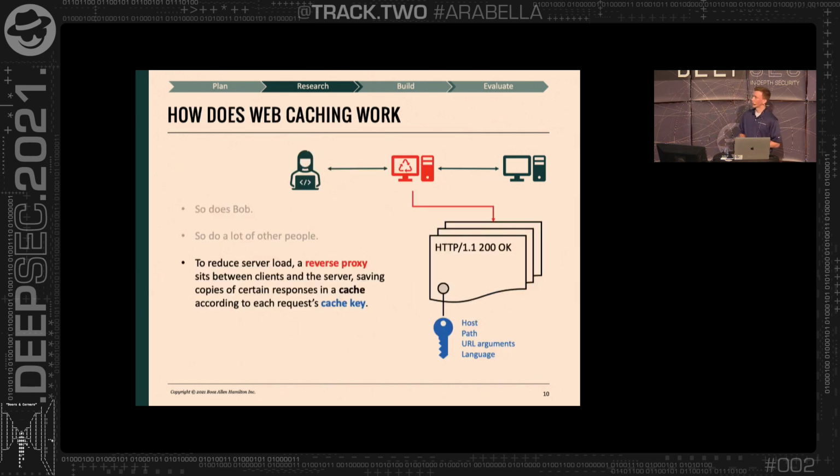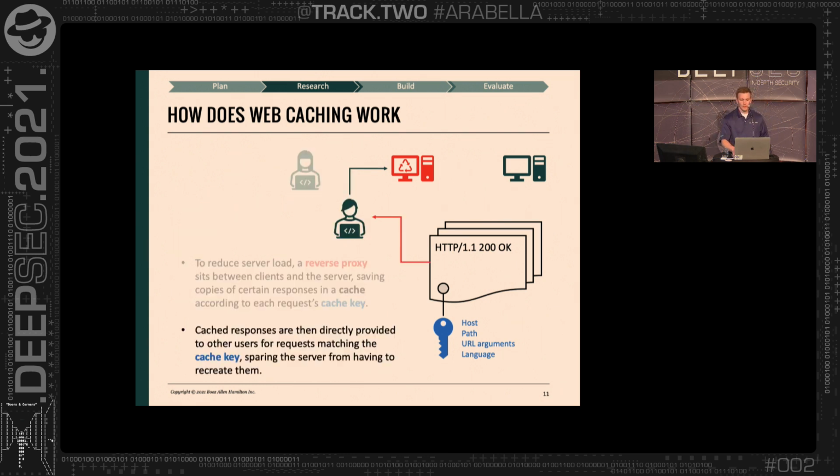So in this case, we have a reverse proxy sitting between the user, Alice, and the server. That reverse proxy has the sole purpose of storing responses in a cache with the expectation that another user, Bob, requesting the same resource will accept that original cached response.